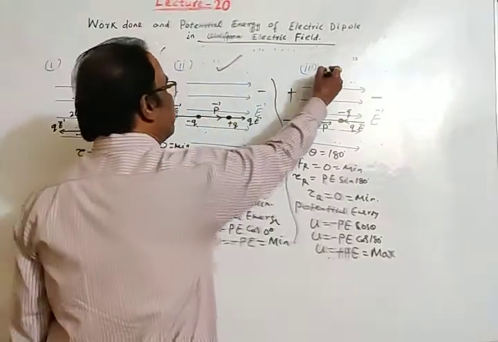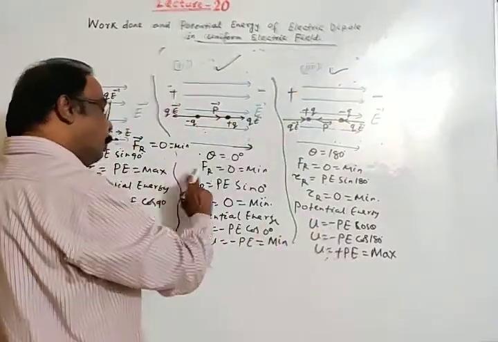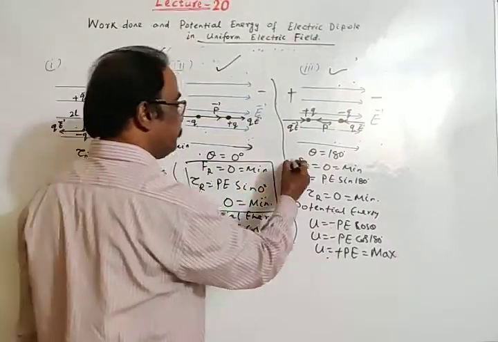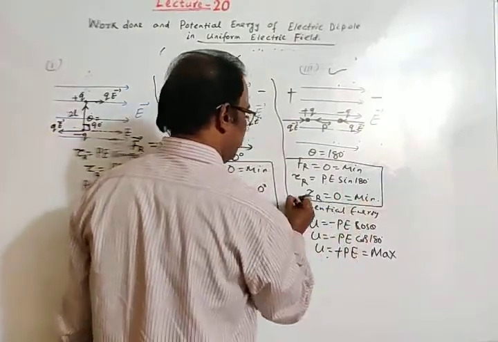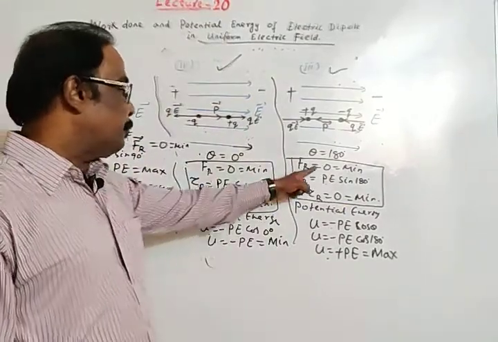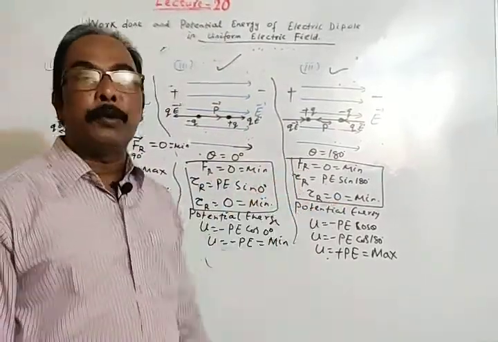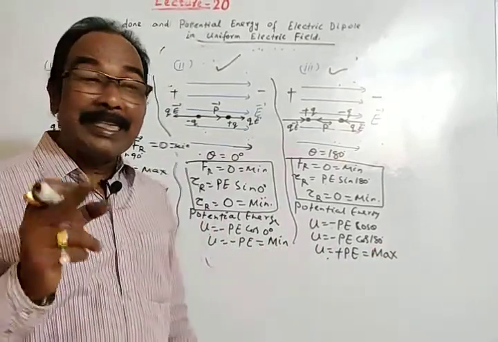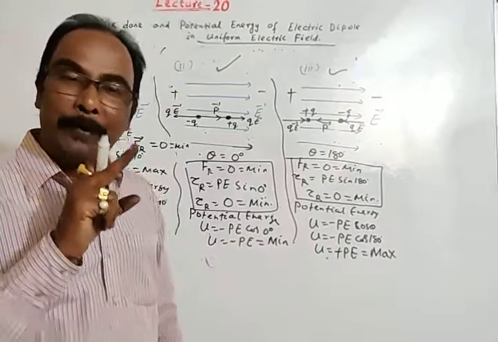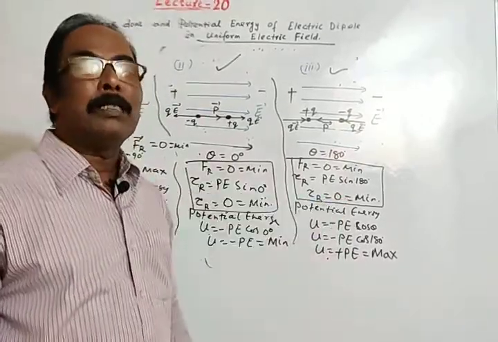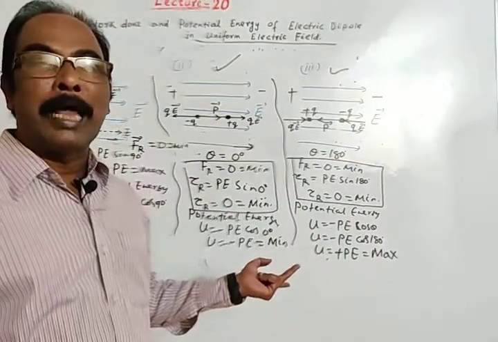In both of these cases, force and torque are minimum. Resultant force is 0 and resultant torque is 0. Resultant force 0 is the condition of translatory equilibrium. Resultant torque 0 is the condition of rotational equilibrium.